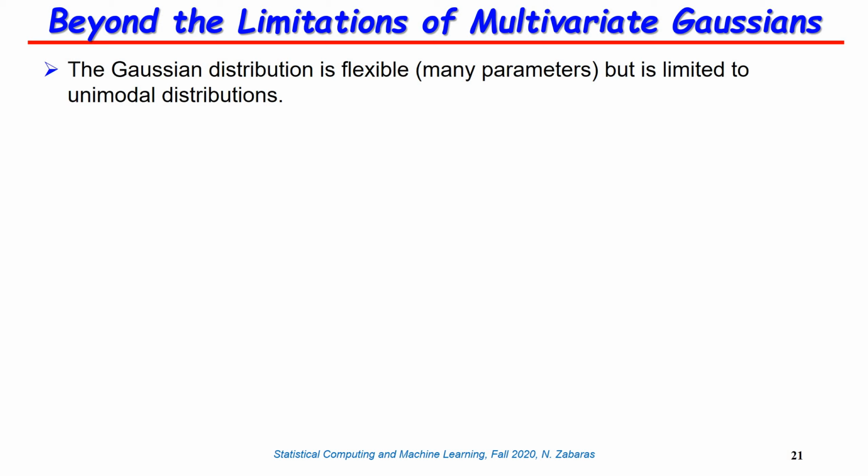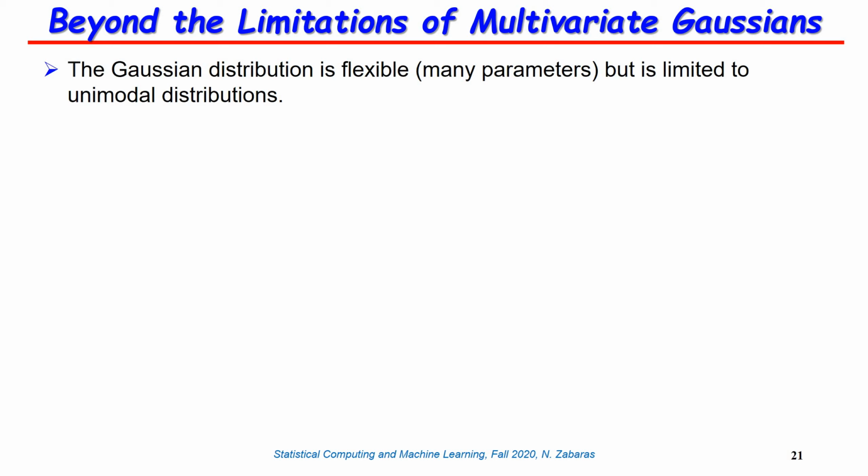And at the end of the day, everything is written in some form of a Gaussian or a combination of Gaussians, or some generalized form that maybe integrates Gaussians with some hidden variables. So the Gaussian distribution is limited to unimodal distributions, but you can actually generalize it.